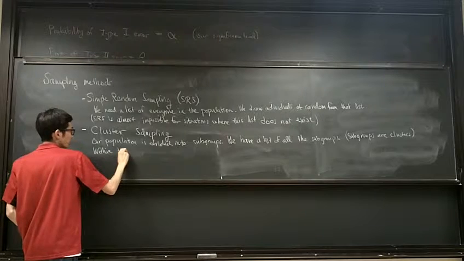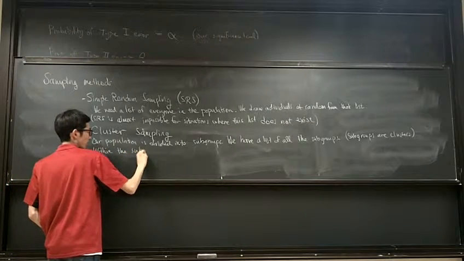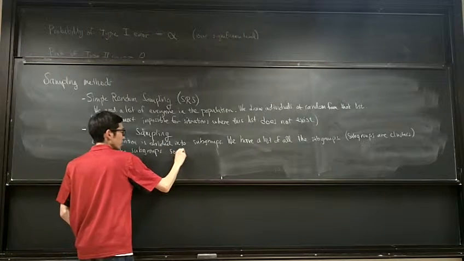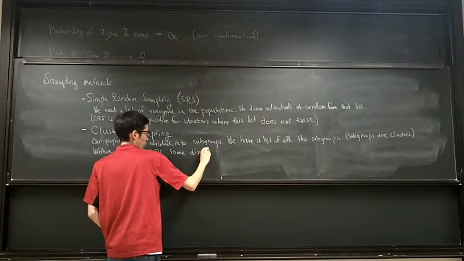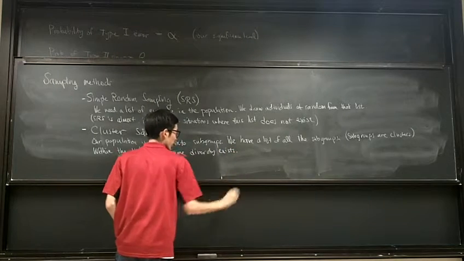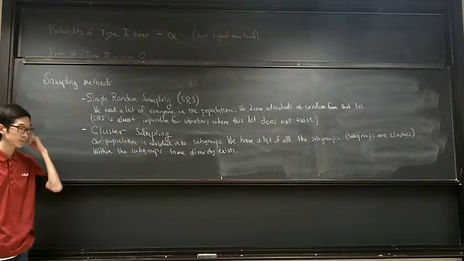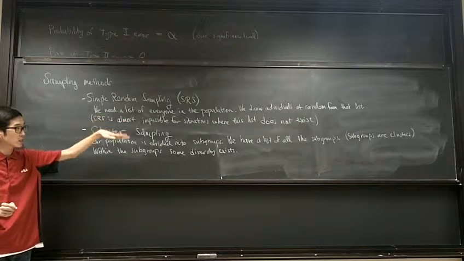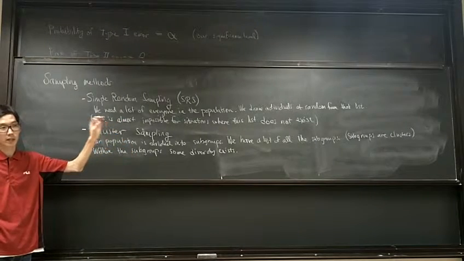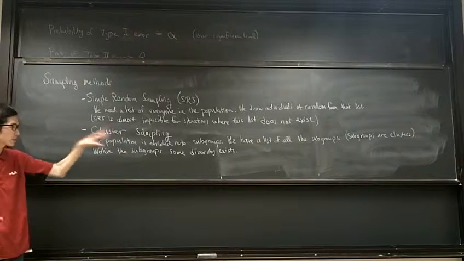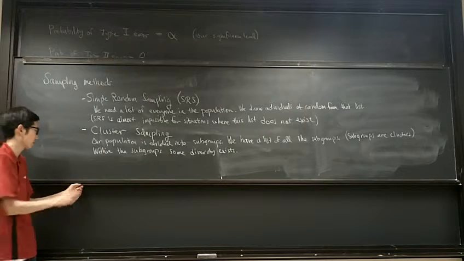So within the subgroups, some diversity exists. And so what we do is, since we have a list of all the subgroups, we randomly select subgroups from that list. Okay, so we randomly select some of the clusters.